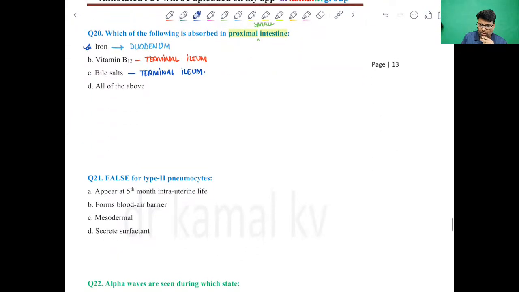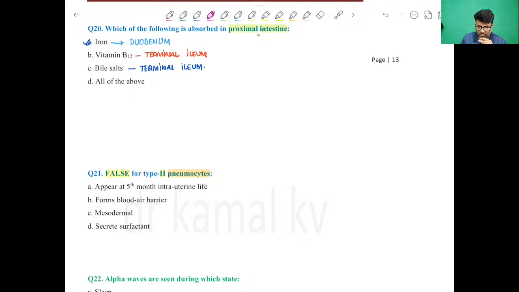Next question, false for type 2 pneumocytes, because there are two types of pneumocytes, type 1 and type 2. So which of the following statements is wrong for type 2 pneumocytes?